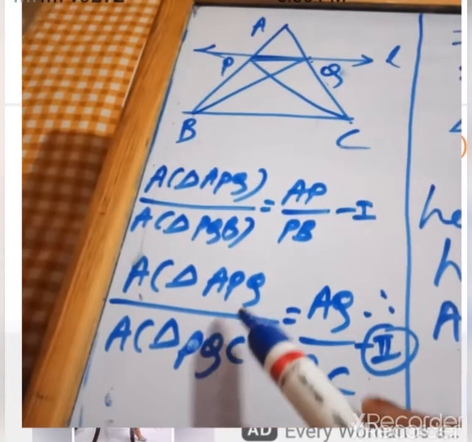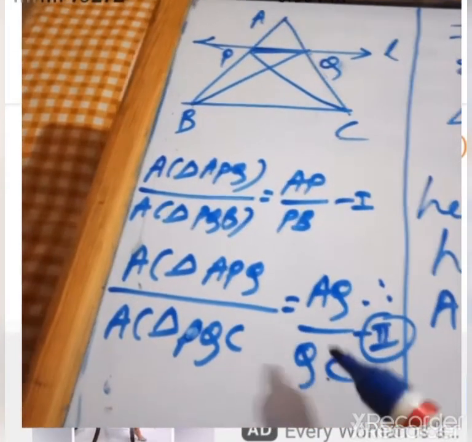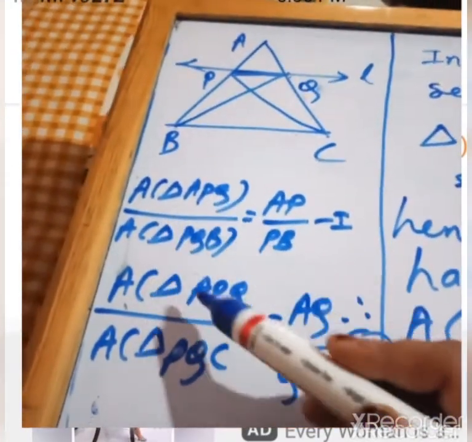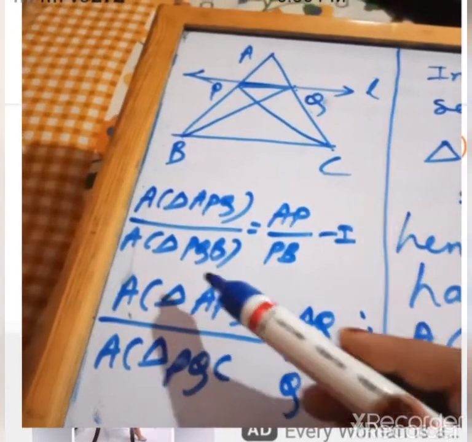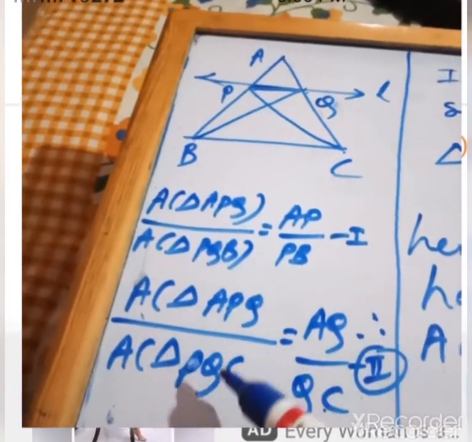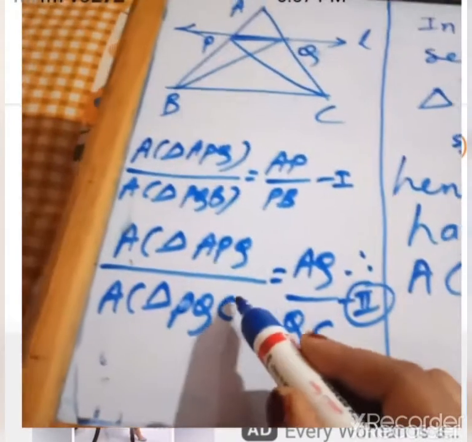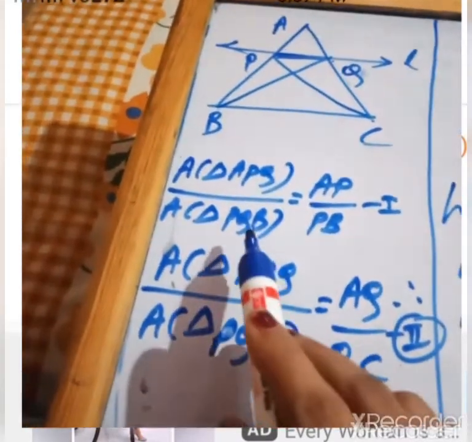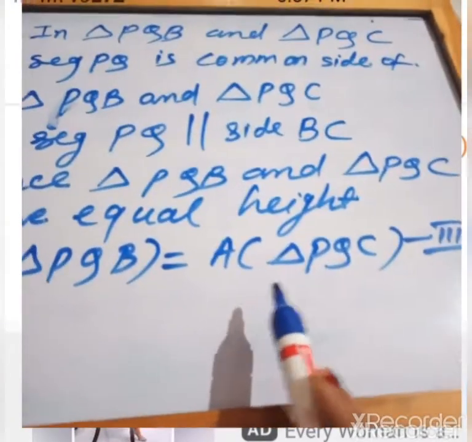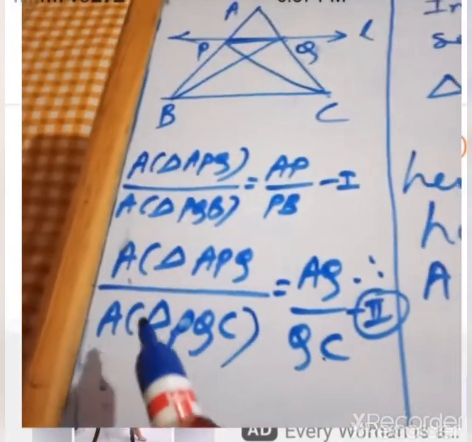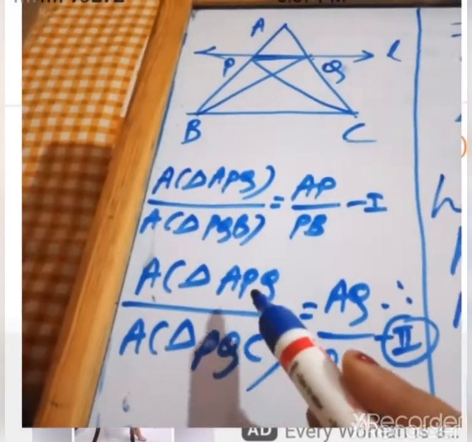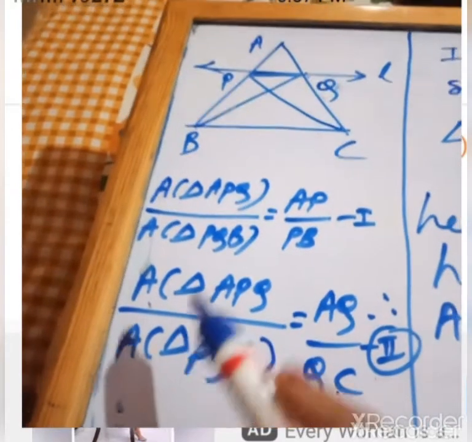Here, APQ upon PQC is equal to AQ upon AC. See, the APQ triangle is the same in both; in the first sentence the other triangle is PQB, in the second sentence it is PQC. Triangle PQB and triangle PQC are equal, as we proved in sentence third. Therefore, PQC and PQB are equal, APQ and APQ are also equal. Their left sides are equal.